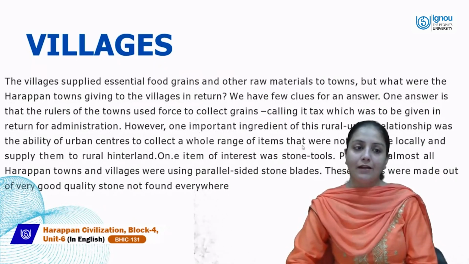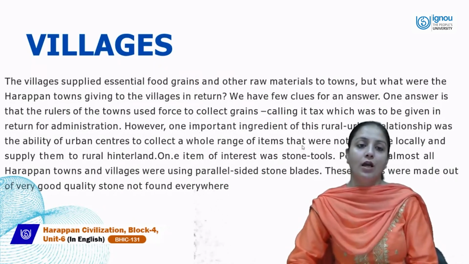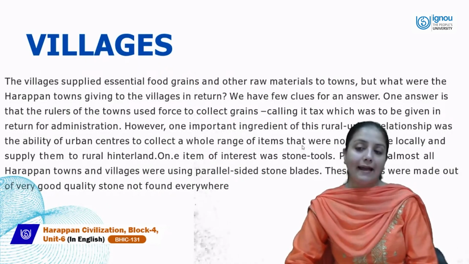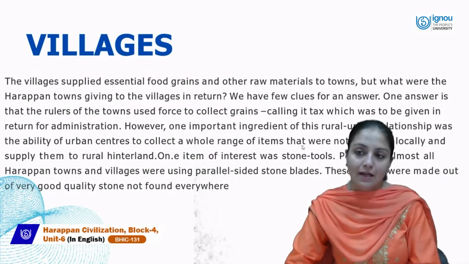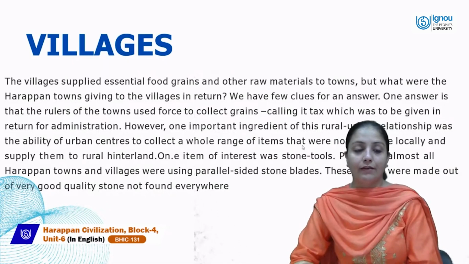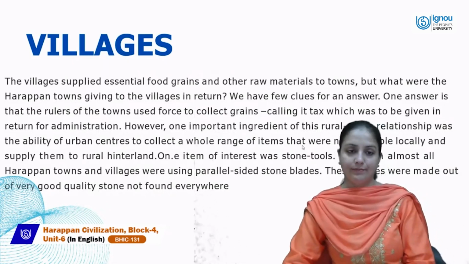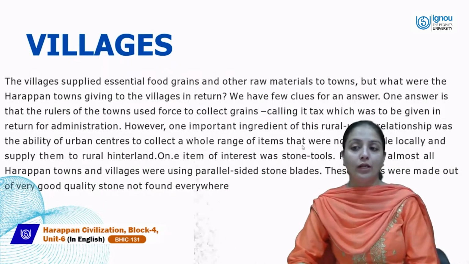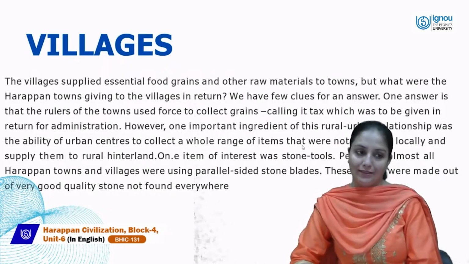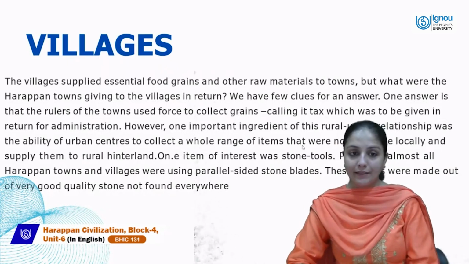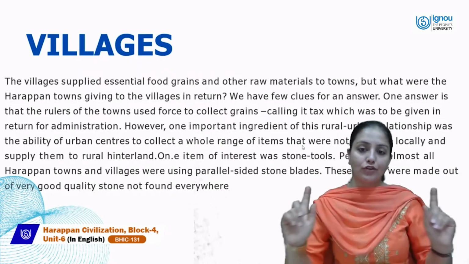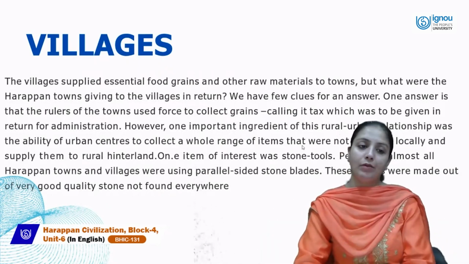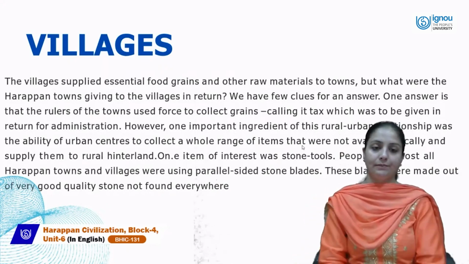One answer is that the rulers of towns used force to collect grains, calling it tax, which had to be given in return and for administration. However, one important ingredient of this rural-urban relationship was the ability of urban centers to collect a whole range of items that were not available locally and supply them to the rural interland.